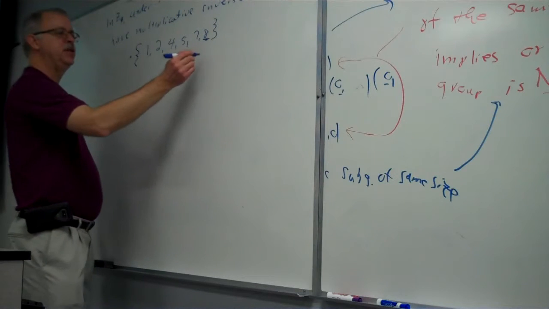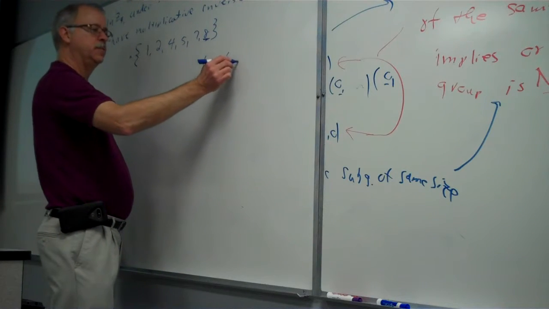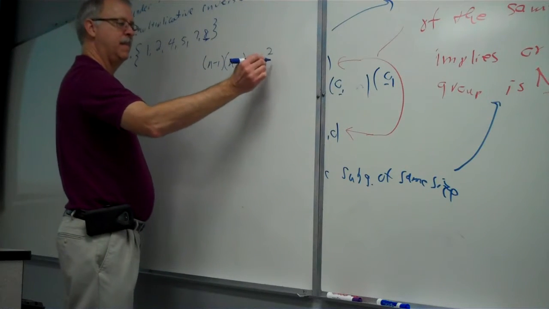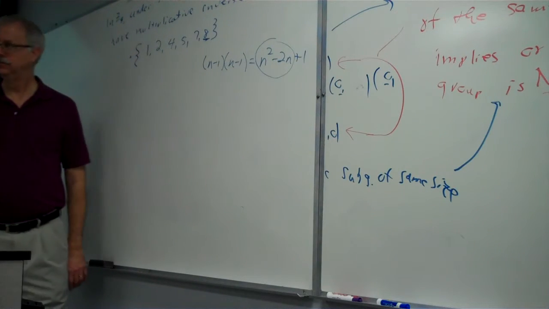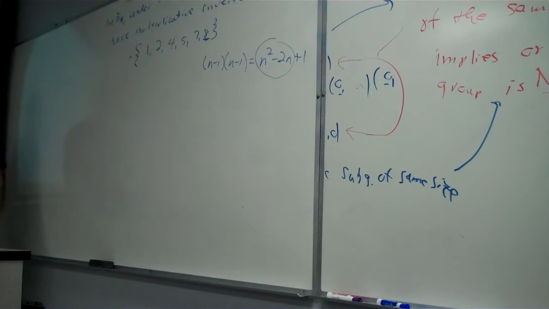Because if we take in any Zn, n minus 1 times n minus 1, remove the multiples of n, we're left with the remainder of 1. So in any Zn under multiplication, n minus 1 is its own inverse.